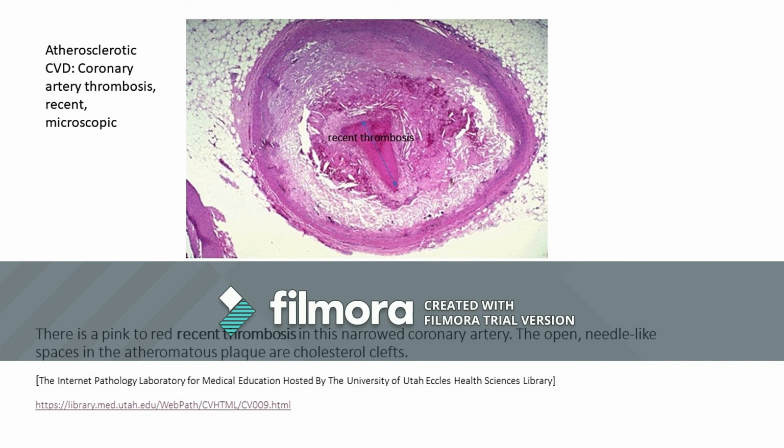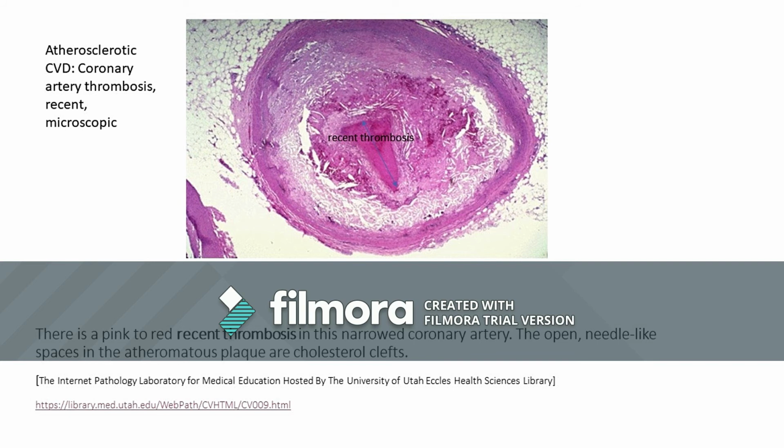This image was taken from the Internet Pathology Laboratory for Medical Education hosted by the University of Utah Eccles Health Sciences Library. This image can be viewed at the link listed below.